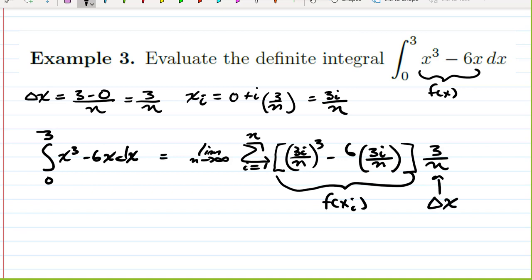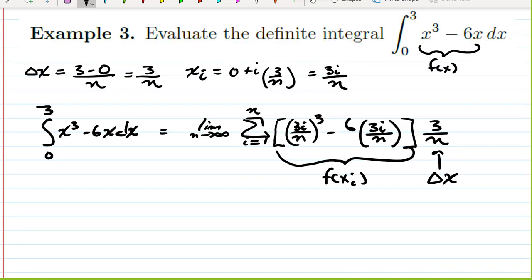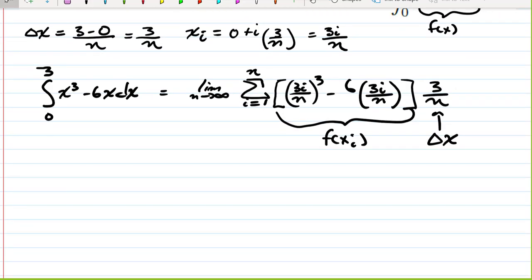So this is our Riemann sum for that. So if we can evaluate this limit, we will be able to find the area underneath that curve, x cubed minus 6x. So first thing we need to do is simplify this up a bit.